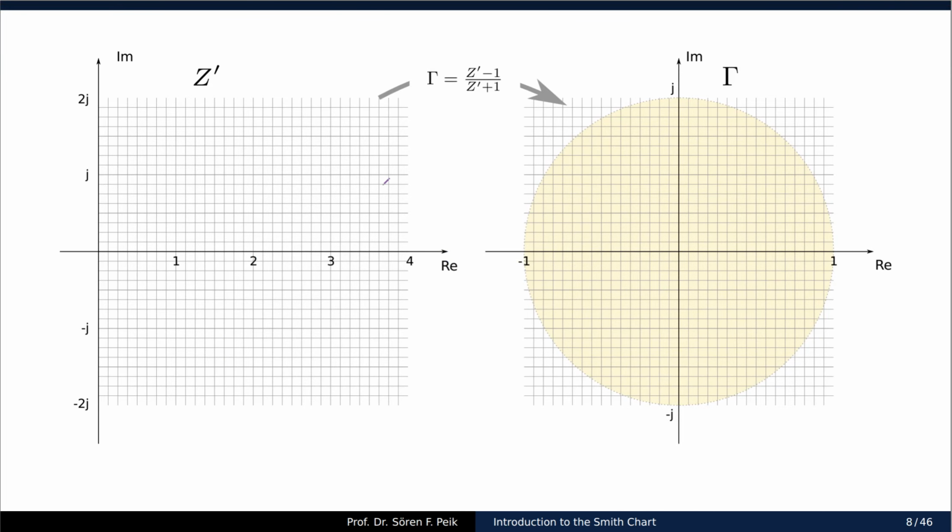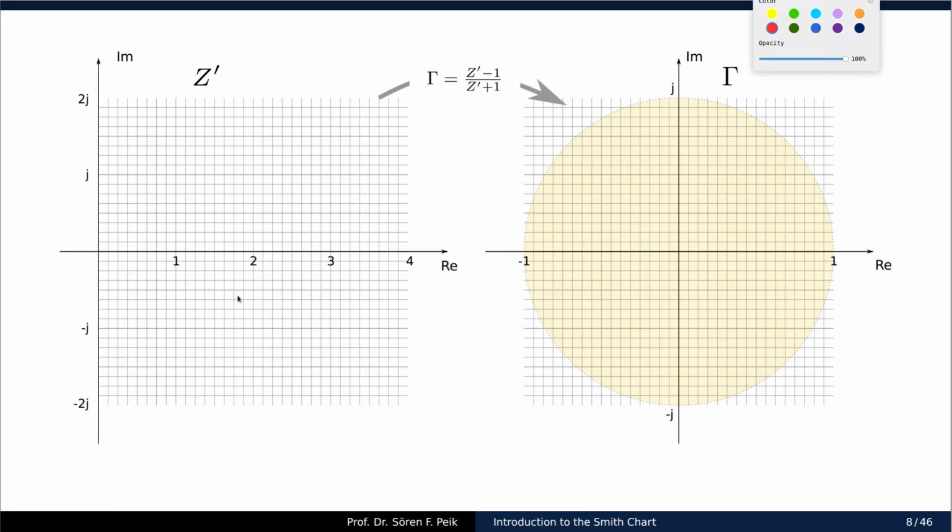Now, let's go through the whole process. On the left side, I have my complex plane of the z primes. Here I have the complex plane of my gammas, and I marked already in yellow the area that is allowed, and here the hatched area that is allowed. Now we can play with that.